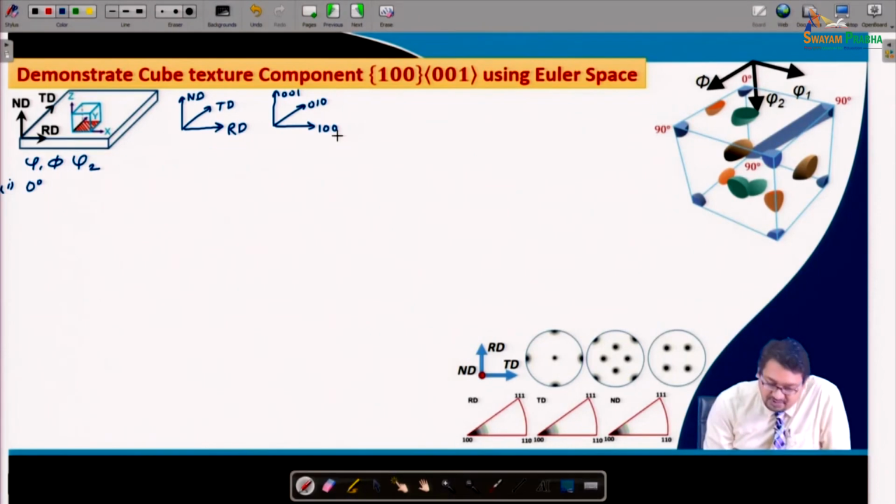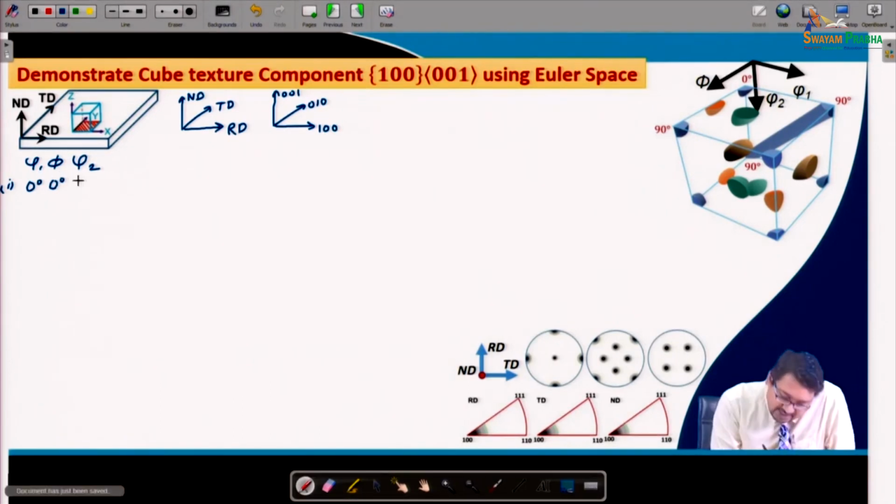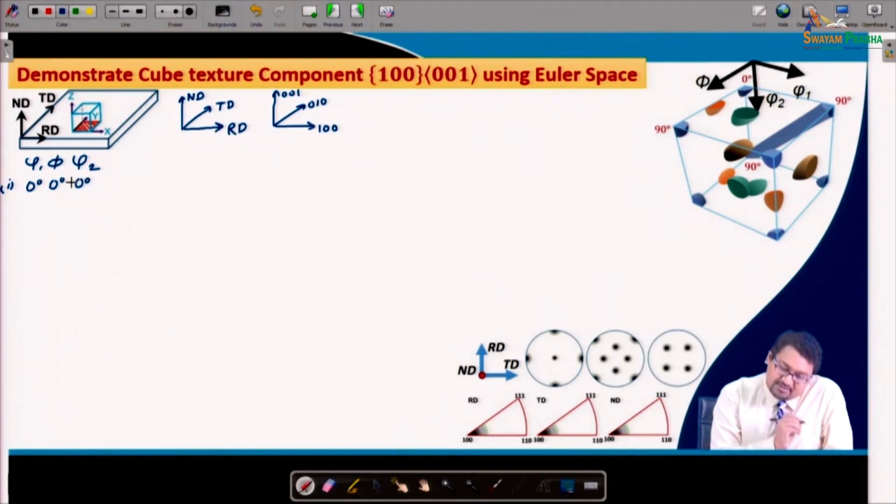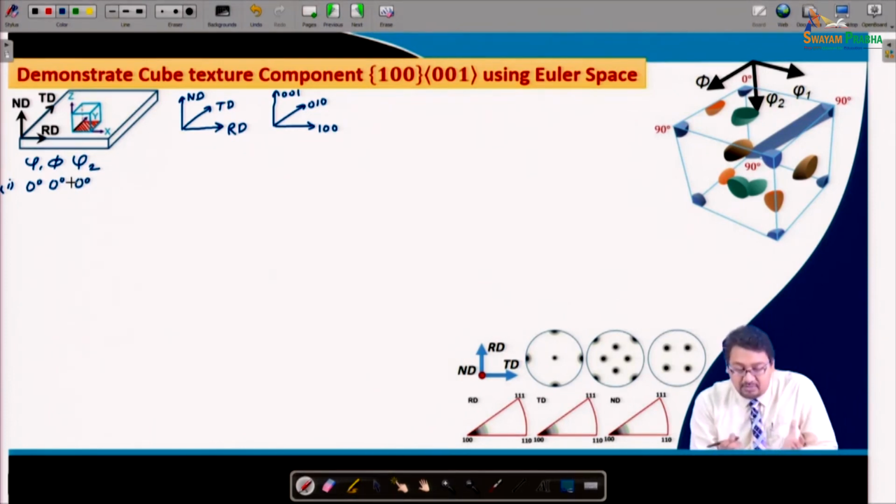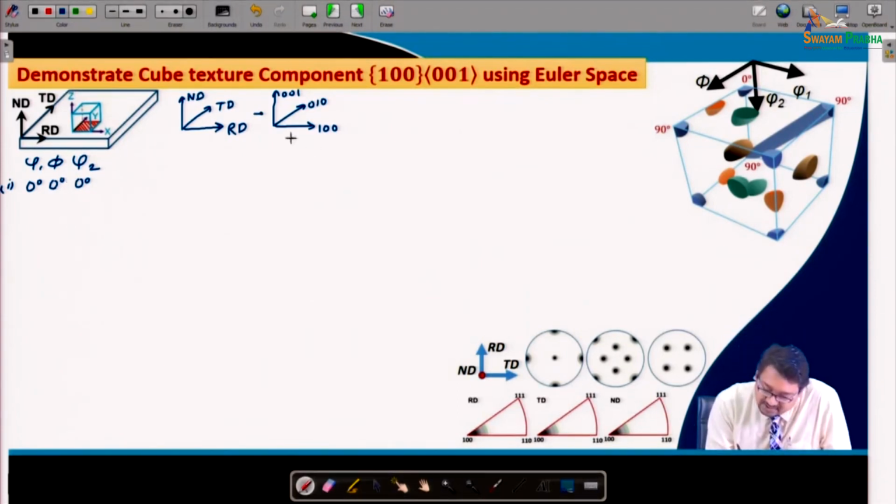So, ND is not moving, and then if we rotate again phi by 0 degree, the ND and TD remain the same along with RD, and then again if we rotate by 0 degree along phi 2, the specimen axis is not rotated at all with respect to this crystallographic axis, right.